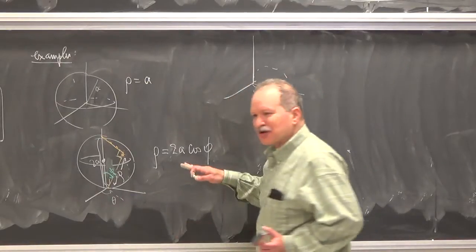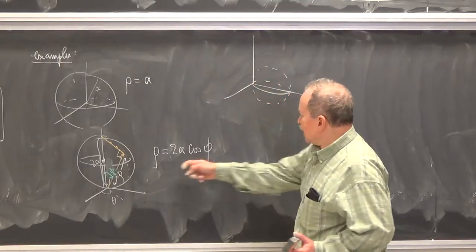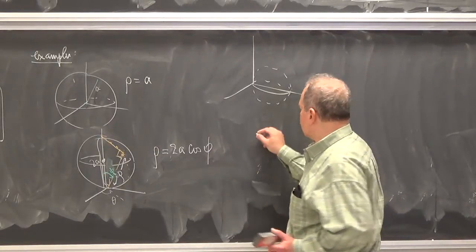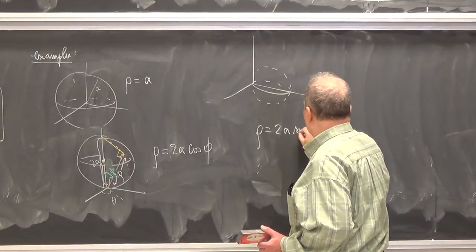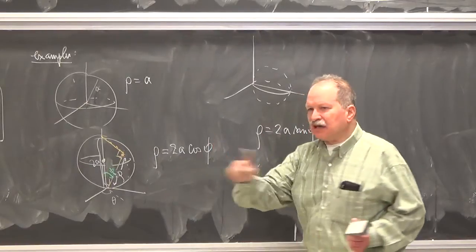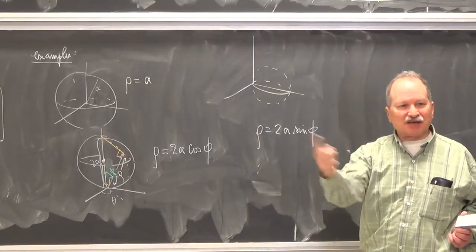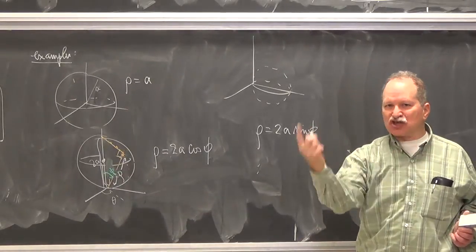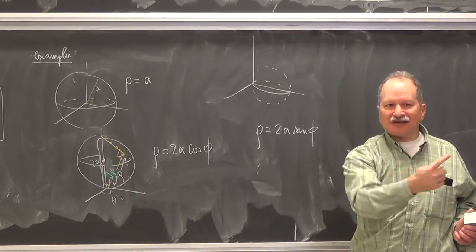Actually, you cannot do this. If you have an equation that involves phi without theta in it, it has to be rotationally symmetric, because theta varying from 0 to 2 pi makes whatever shape you have go around the z-axis.